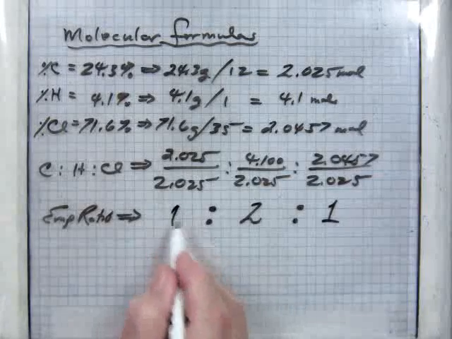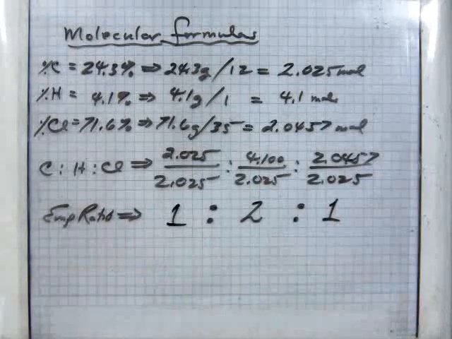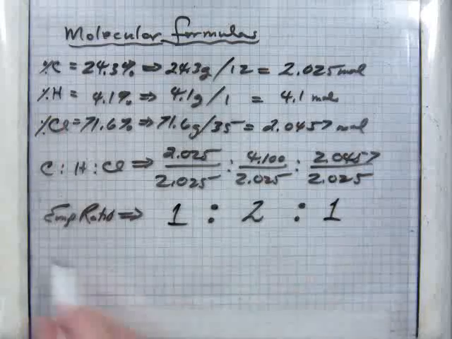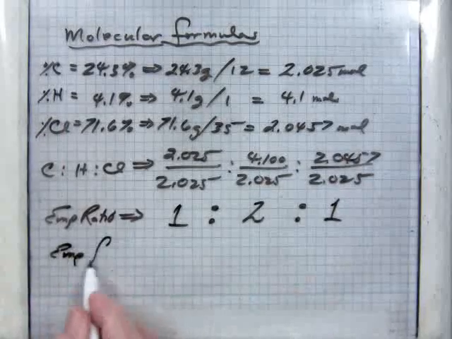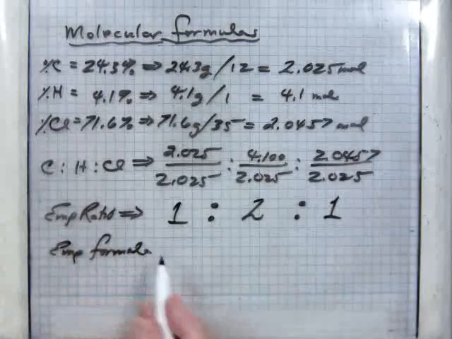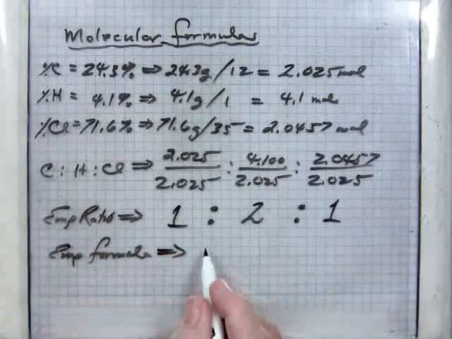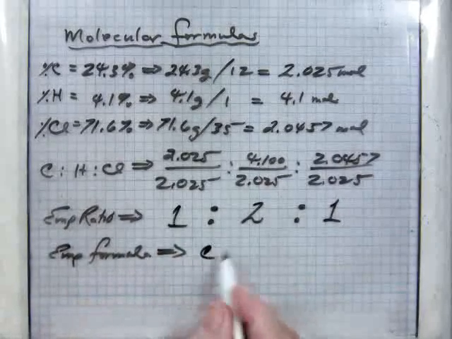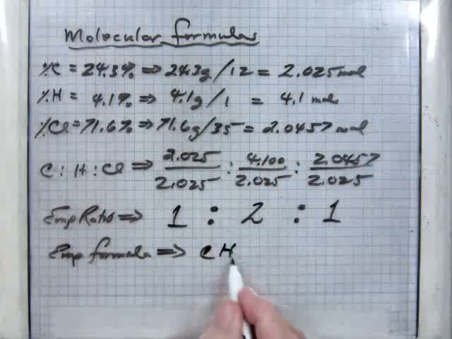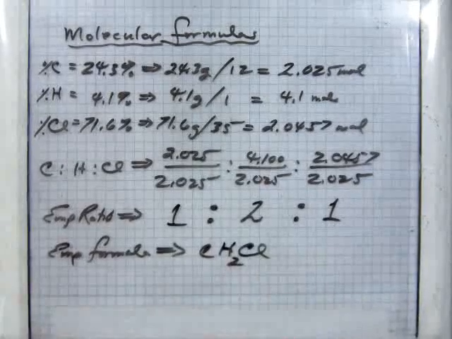So we're looking at an empirical ratio of 1 to 2 to 1. So the empirical formula is carbon, hydrogen, and chlorine.